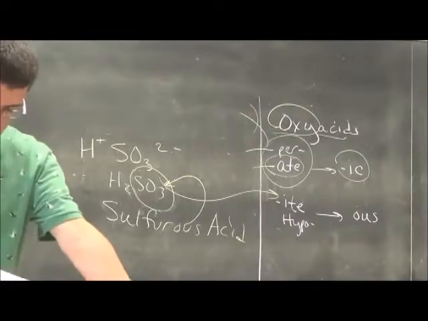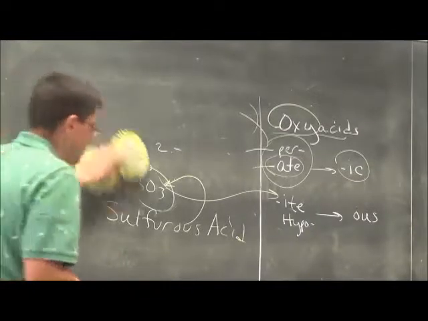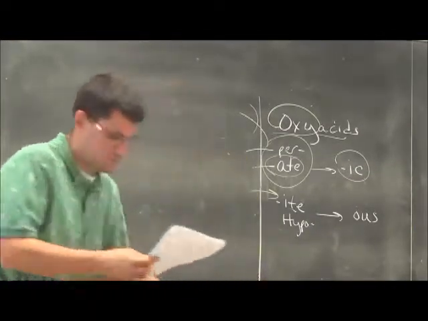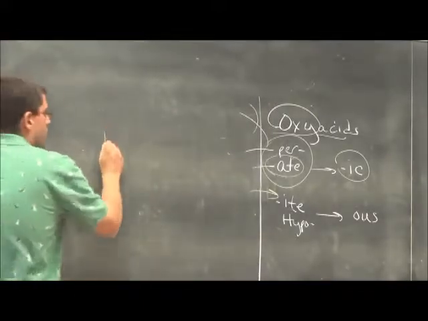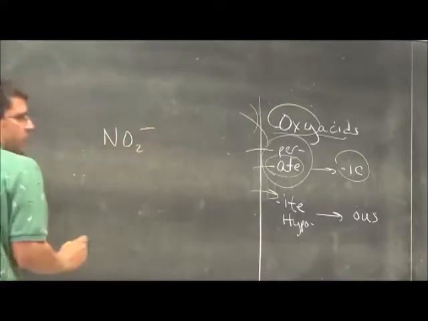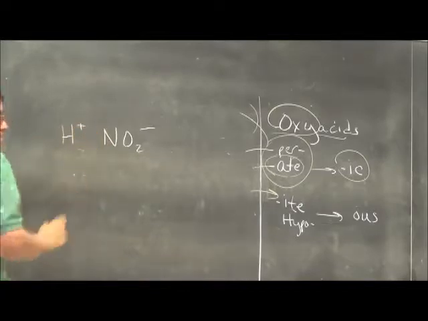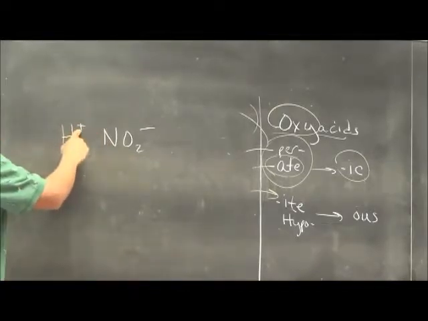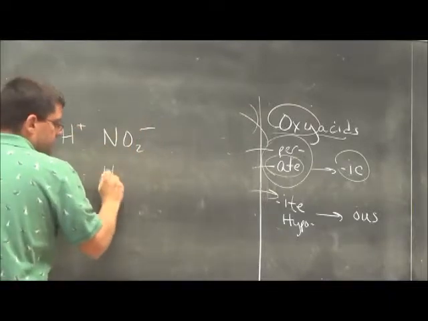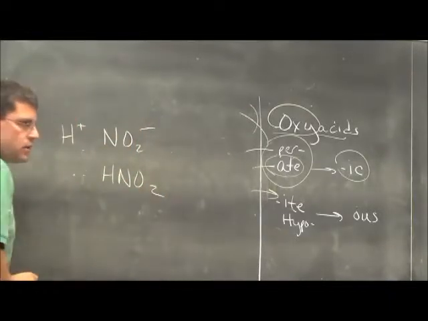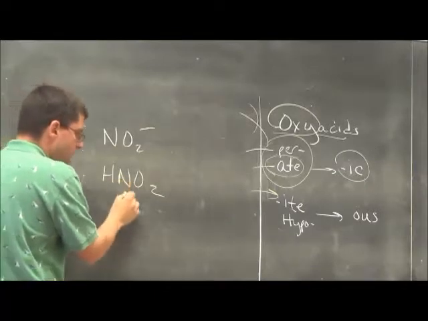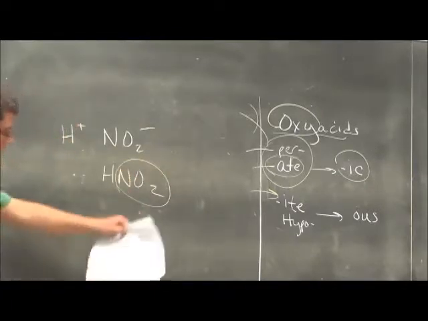Okay? And then we'll take a look at another one. Here's nitrite, NO2 negative. And if I've got a hydrogen over here that wants to gain one somehow, equal and opposite, stick it together, HNO2, right? So look at the polyatomic ion.